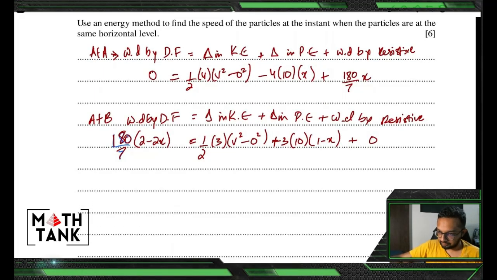So let's try to then solve this. That's 360 over 7 minus 360x over 7 equals 1.5 v squared plus 30 minus 30x plus 0.